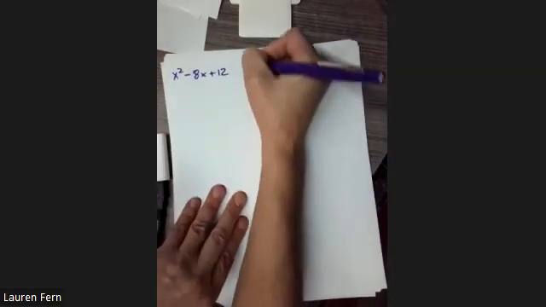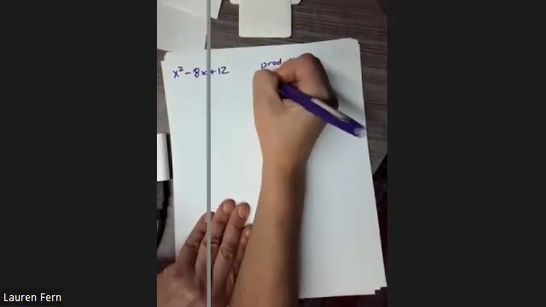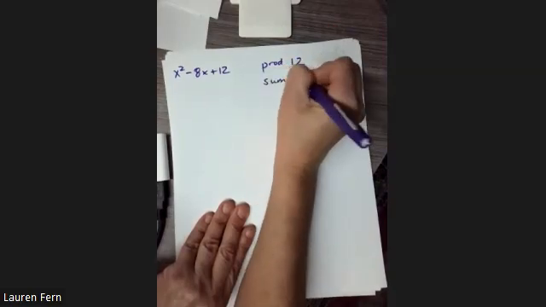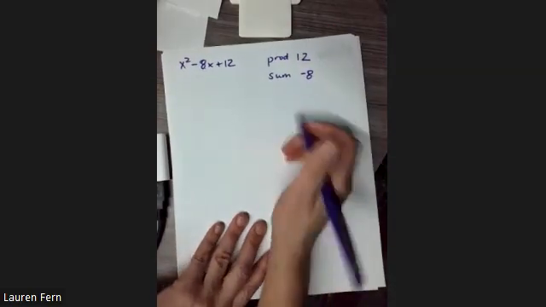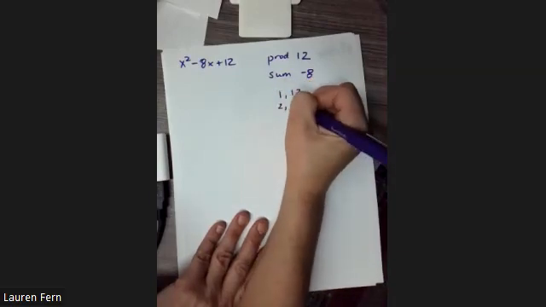What if I have x squared plus 8x? Oh, excuse me. Let's do this one. x squared minus 8x plus 12. Now I want to find two numbers that multiply to 12 and add to -8. I can write all the numbers that multiply up to 12.